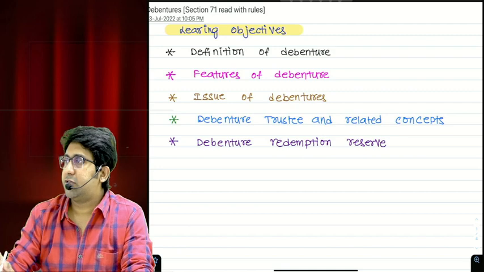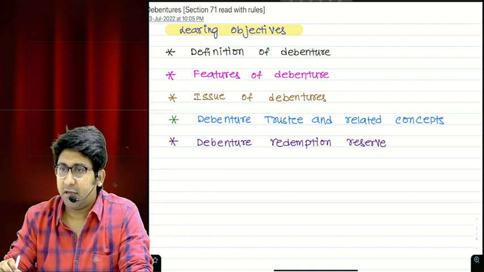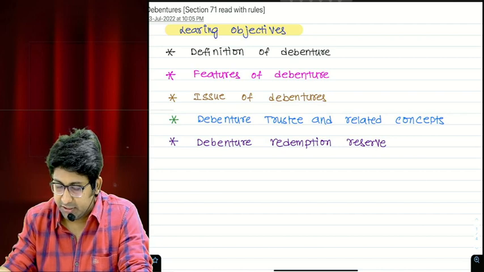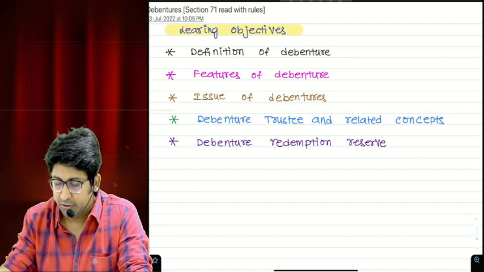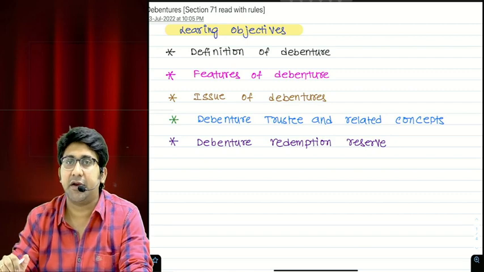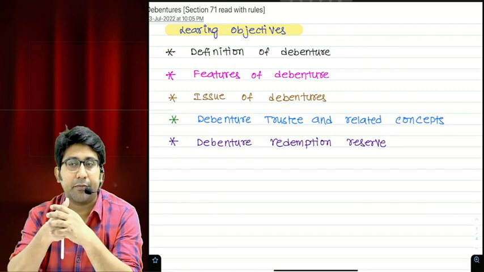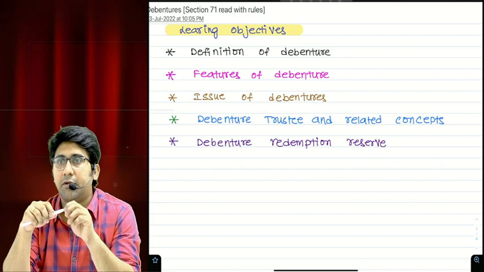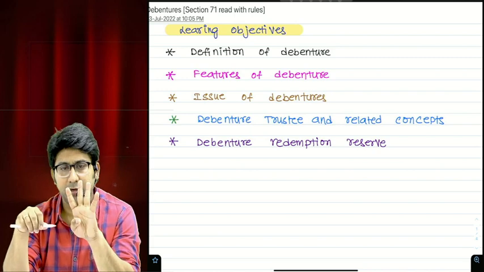Keep the heading in your notes, debentures. Write down the learning objectives first. 5 learning objectives: definition, features, issue, debenture trustee and related concepts, and last one will be debenture redemption reserve.